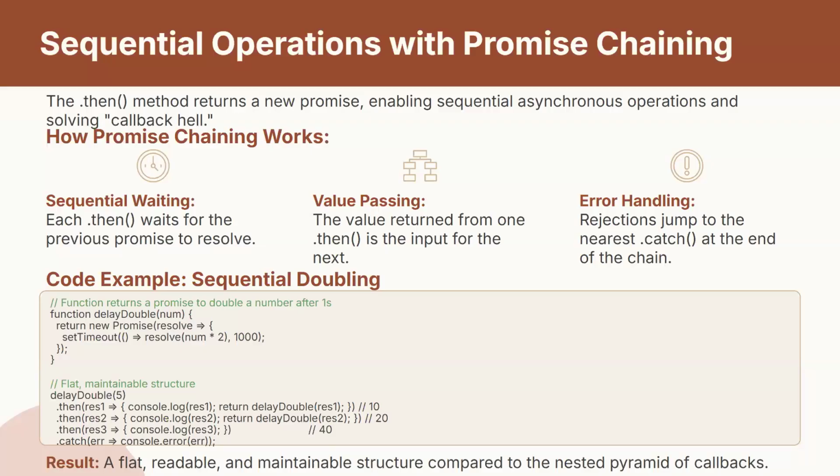Each then method waits for the previous promise to resolve before running, and the value returned from one then method becomes the input to the next. If any step fails, the chain jumps directly to the nearest catch method, so you only need one centralized error handler.